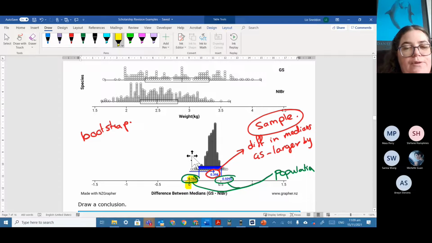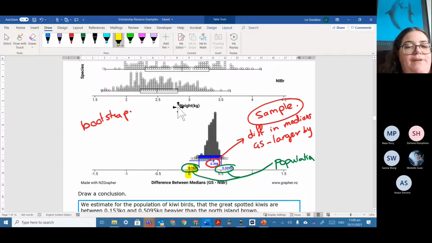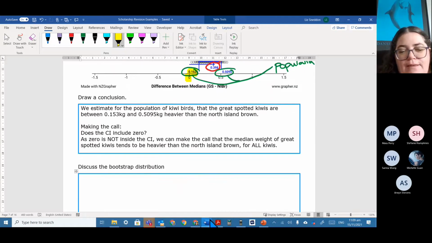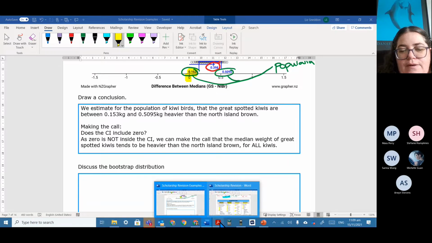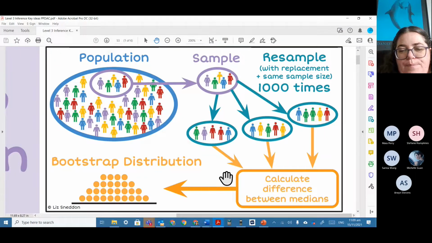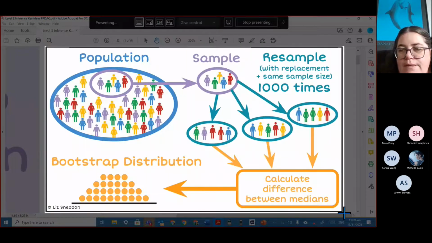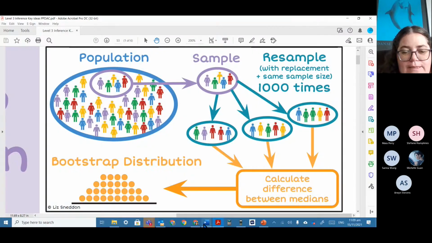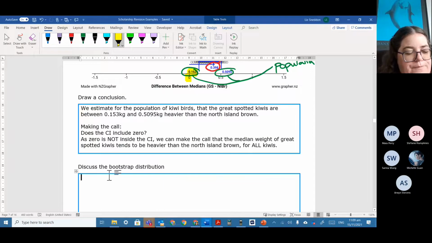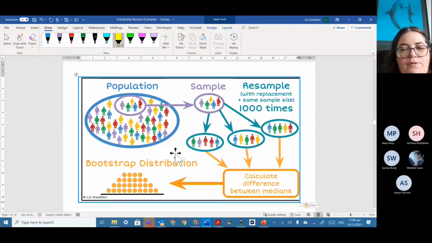And so it goes off and resamples that. So that is what our bootstrap distribution is. So just a quick little reminder there. That is what bootstrap is.